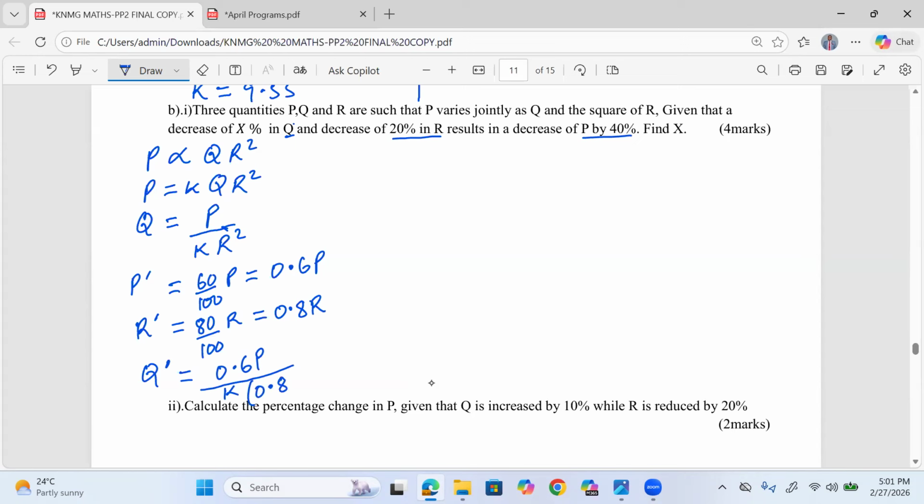So 0.8 and we square like that. So with this now, we can proceed with our expression now.